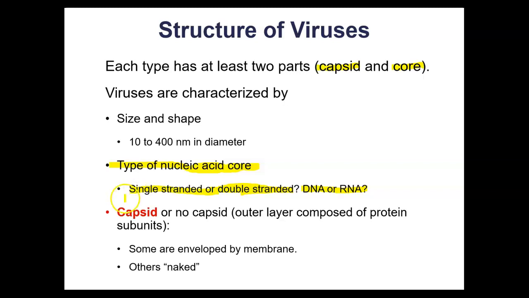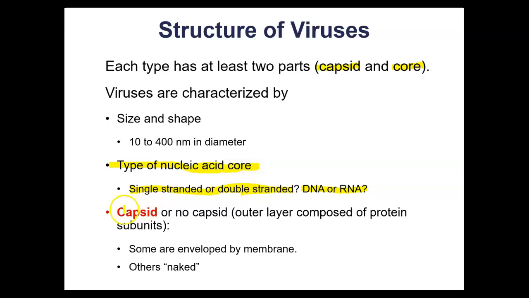RNA, which we have learned is only single-stranded, can actually also be double-stranded in viruses. So what you really have to know about the virus to classify it is, does it have DNA? Is the DNA single-stranded or double-stranded? Does it have RNA? And is the RNA single-stranded or double-stranded? And that helps us to tell a lot about that virus.